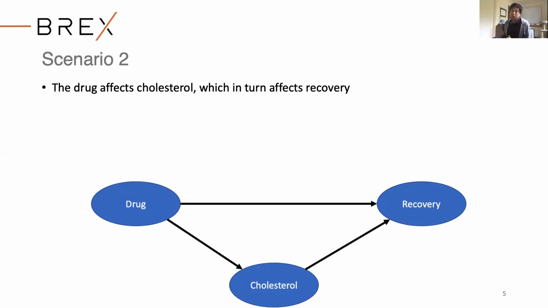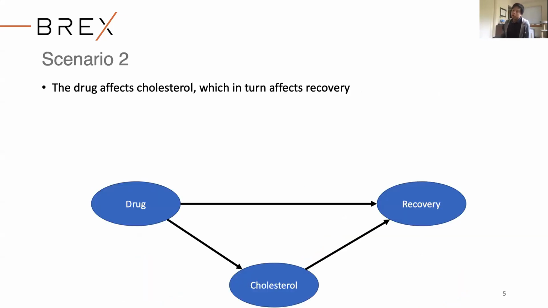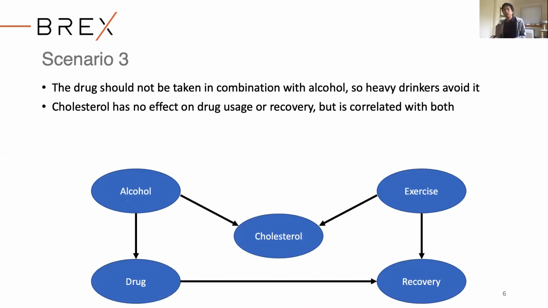Depending on what that causal structure is, we get a completely different answer to the question of should I be taking the drug or not. So from the data alone, there's actually no way that we can answer that question. Okay, any questions so far? Cool.